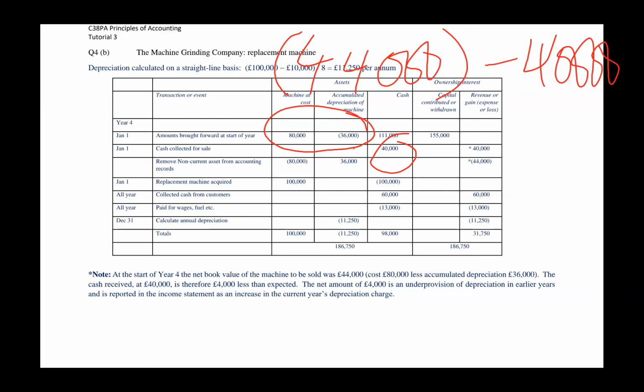So the money that we have not yet recovered from this asset is 44,000. But we have sold it at what? 40,000. So we have a loss of what? It is giving us a negative loss of 4,000, 4,000 less the expected value. So that's why we say that the 44,000 is a loss.